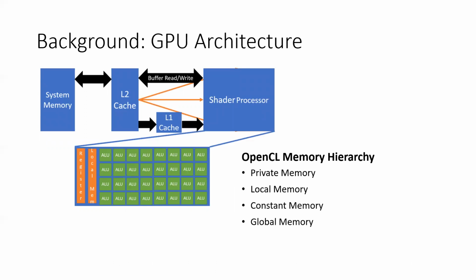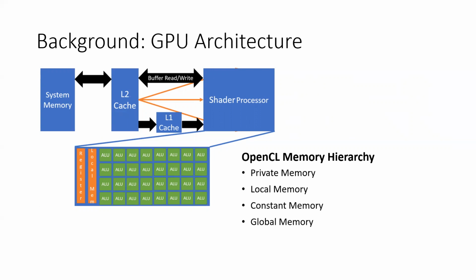First, let's look at the GPU architecture for the Arm GPU. The diagram is derived from the Arm GPU OpenCL guide, but with some augmentations. The main takeaway here is the structure of the GPU. It contains multiple shader processors, and each shader processor is built up of multiple ALUs and some shared memory.